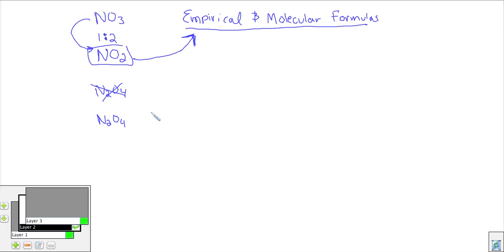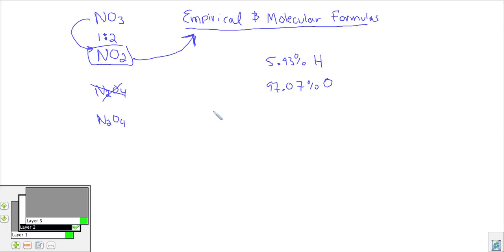So how do we find that? Well, we have to be given the actual molar mass to find that. So in order to fully illustrate this, I'm going to go ahead and do a problem for you. So let's say we've got a compound. Here's the compound, and this compound is 5.93% hydrogen, 97.07% oxygen, and that's it.